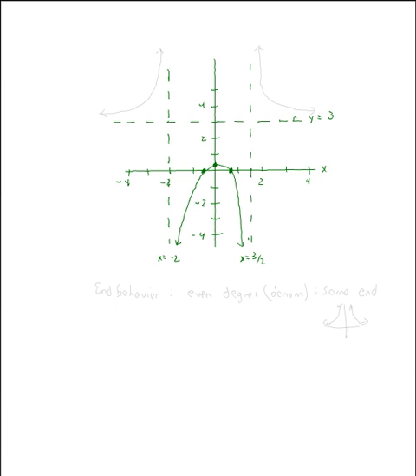But what about the tails? Thinking about this, there was a quadratic in the denominator. So when we think about our end behavior, this is the last piece to look at. This has even degree in the denominator, and so it should have that same end behavior.